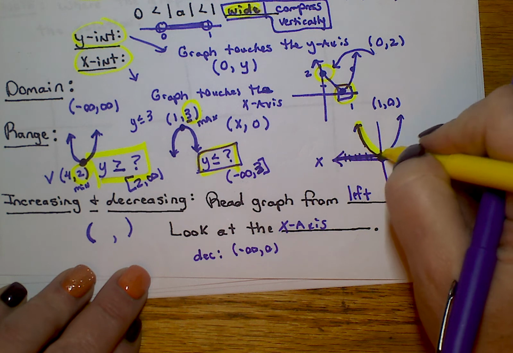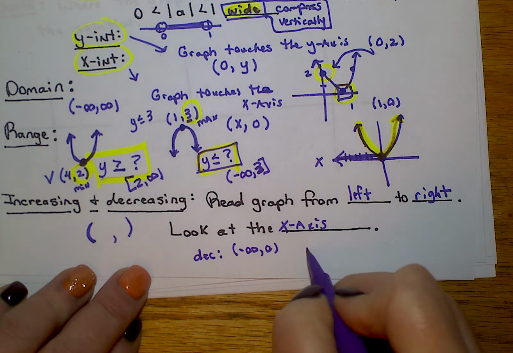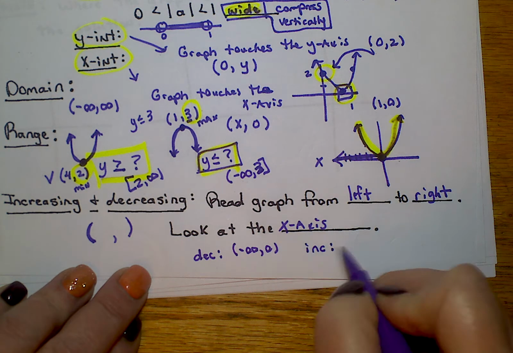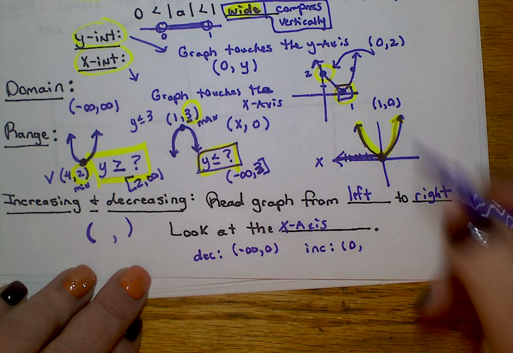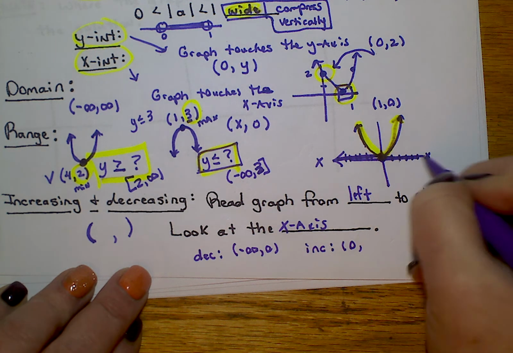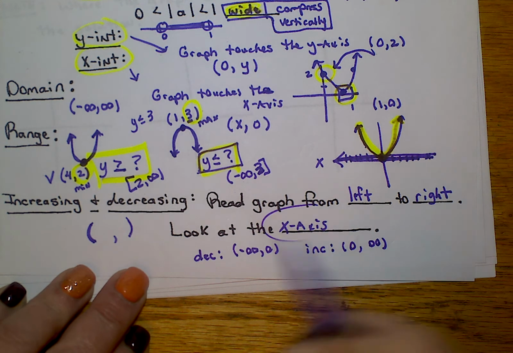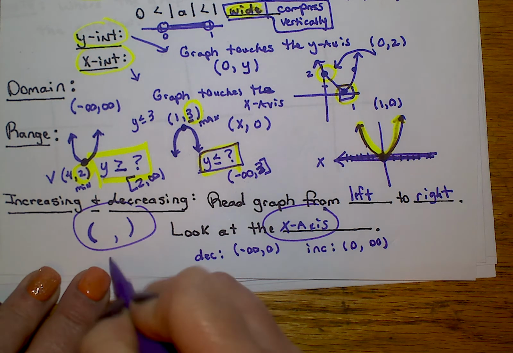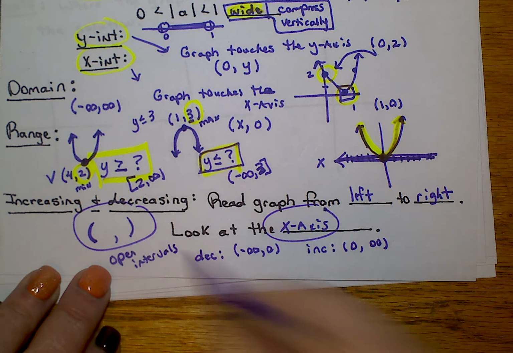After 0, 0 is that turnaround point I told you, it starts increasing. So it increases at that point. So that point's neither increasing nor decreasing. And then you're looking at your x, remember, then it's going to positive infinity. So always look at your x-axis and always use what is called open intervals for that.